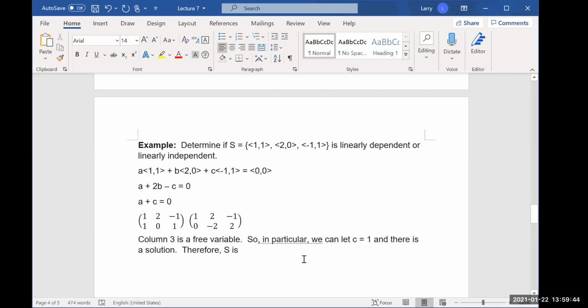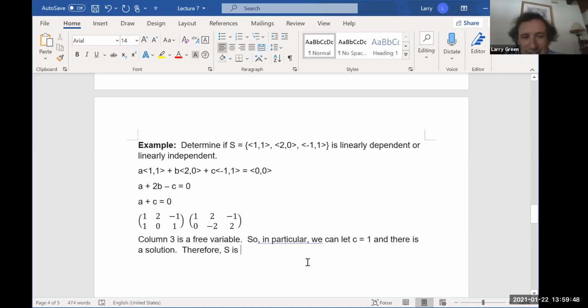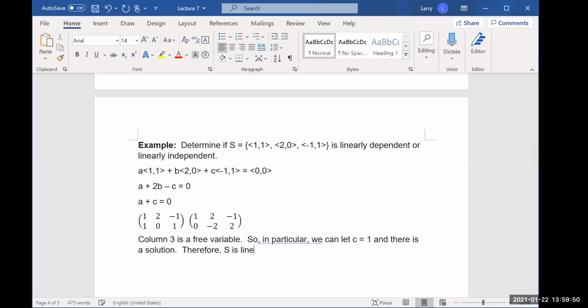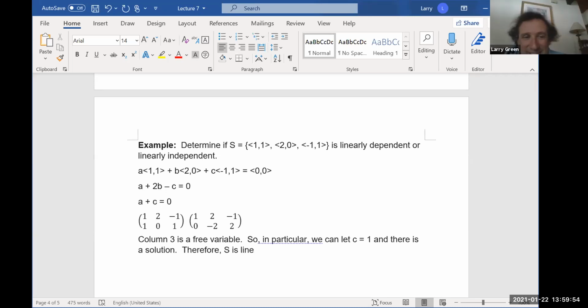Linearly independent. One more guess? Linearly dependent, sorry. Yeah. When we can get a non-zero solution, a non-trivial solution, then it's linearly dependent. And that's it. We're done.